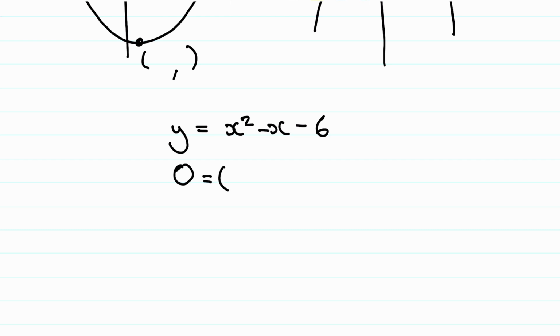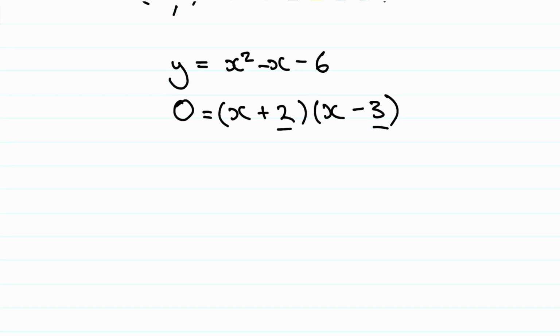So we could factorize that to get x plus 2, x minus 3, because again 2 and 3 multiply to negative 6 and add to negative 1. And then we could find the roots of our equation or our intercepts which satisfy this equation. So you should be able to see that x would be minus 2 or x would be positive 3.